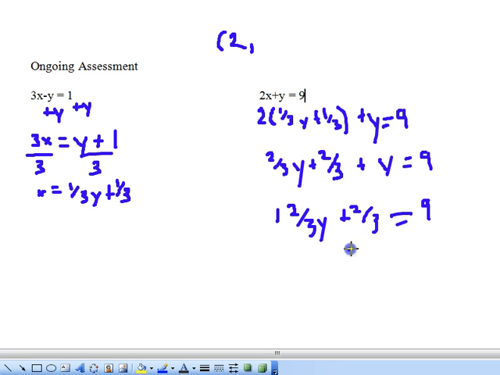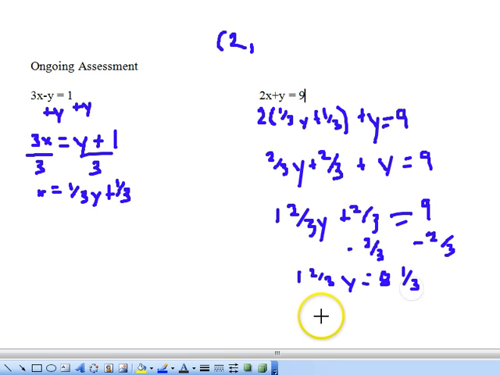And then you have to subtract 2/3 from both sides. And you get 1 2/3 y is equal to 8 1/3. Okay?